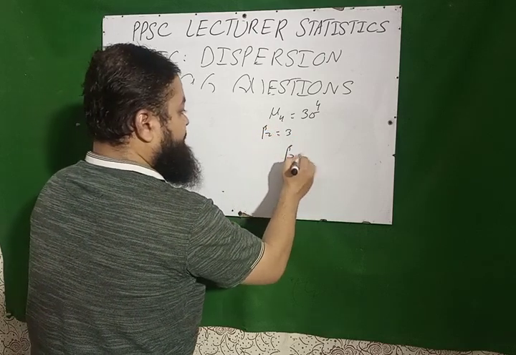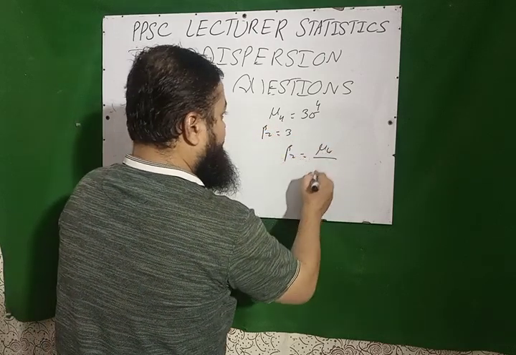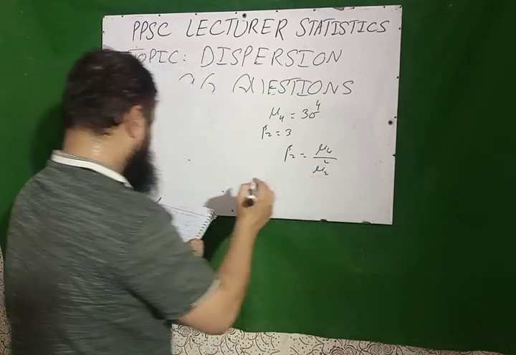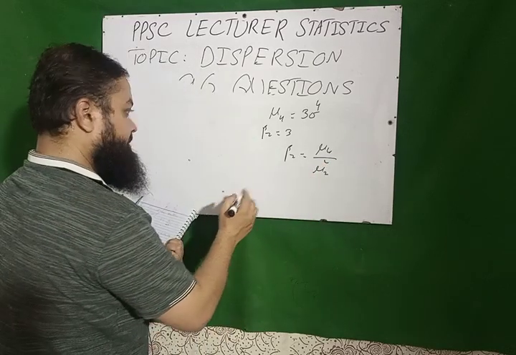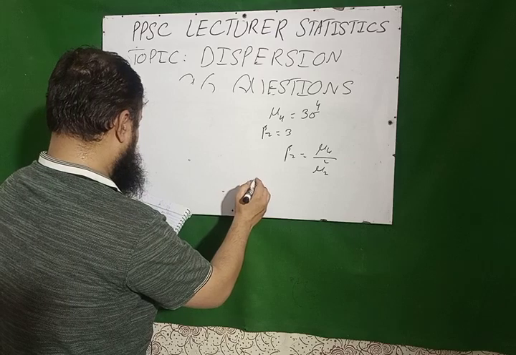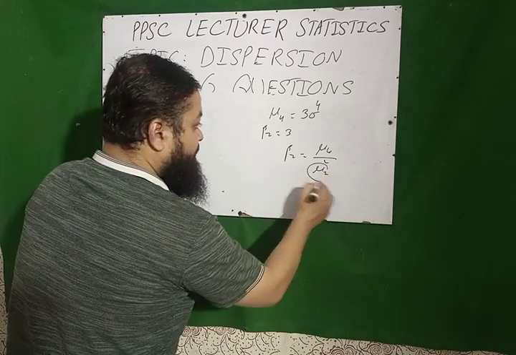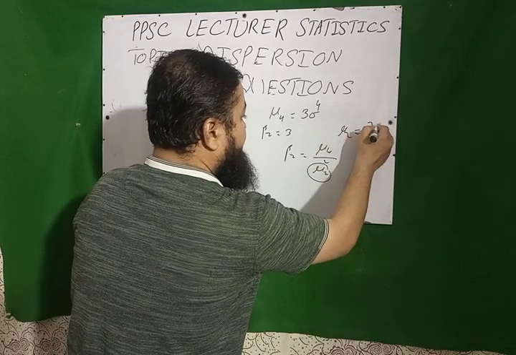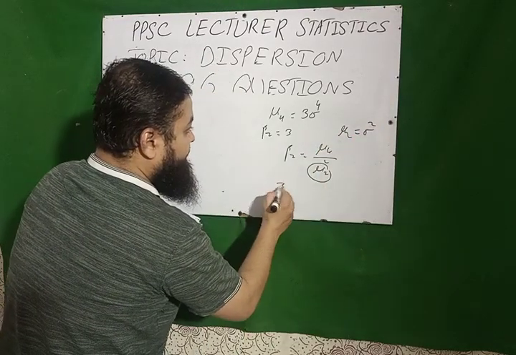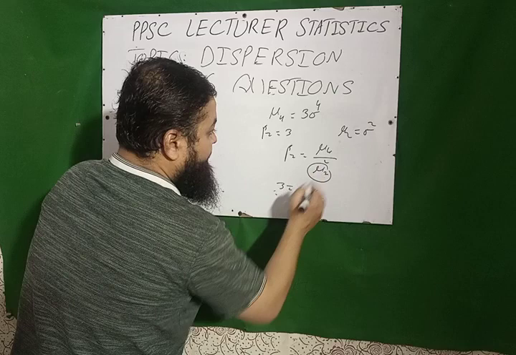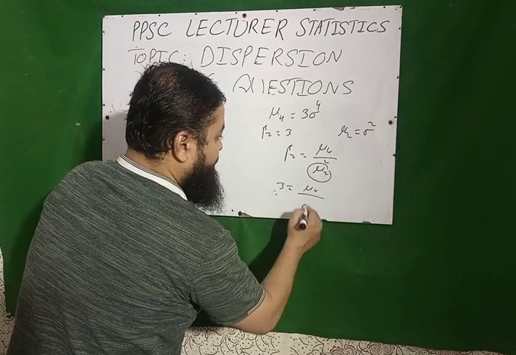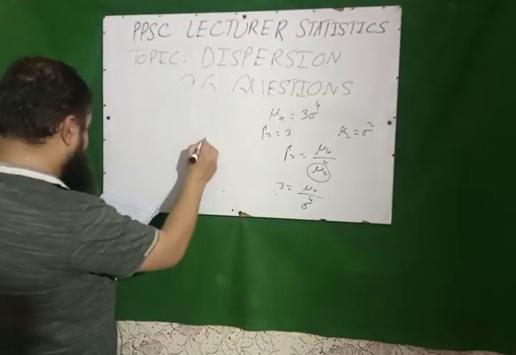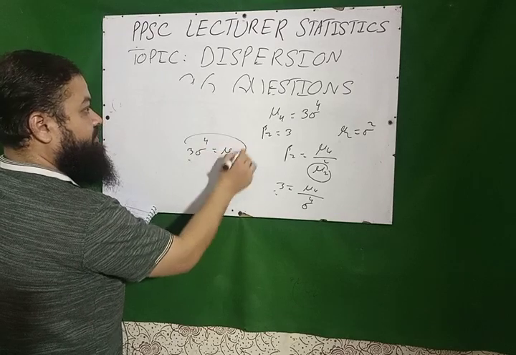We know the formula of beta 2, that will be mu4 over mu2 squared. We know mu2 is equal to variance, and that will be 3 is equal to mu4 over sigma power 4. So 3 sigma power 4 is equal to mu4.